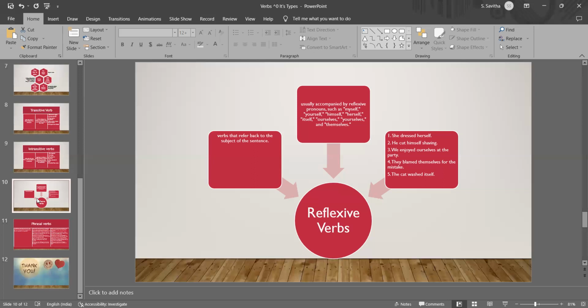Right? Look at the third example. We enjoyed ourselves at the party. Here, enjoyed is a reflexive verb. Ourselves is the reflexive pronoun. The subject we performs the action of enjoying on ourselves.